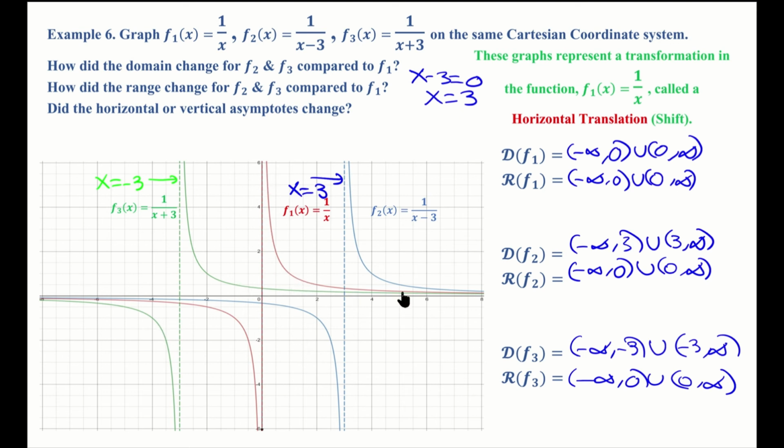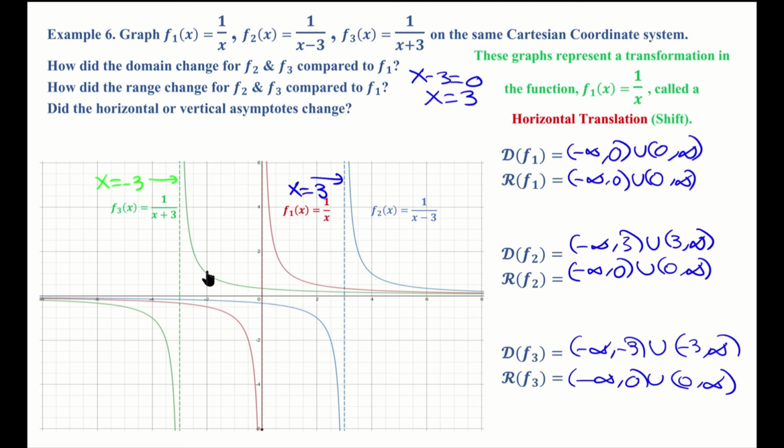Notice that if this red graph were made of, say, wire, what changing 1 over x to 1 over x minus 3 does is basically picking up the red graph and moving it 3 units to the right. That's why we call it a horizontal translation or shift, okay?